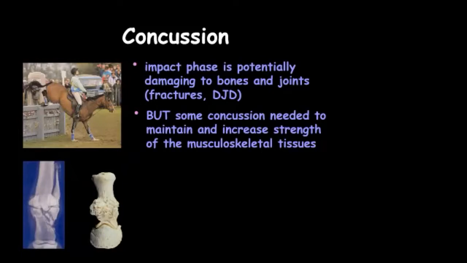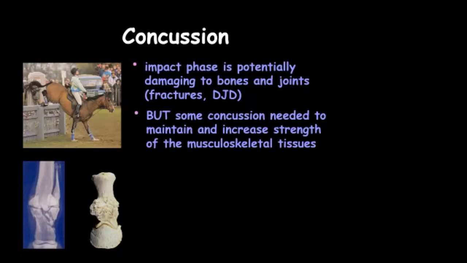So during the impact phase, we have concussion on the limbs, and that concussion, because of the magnitude and the rapid vibration frequency in particular, is potentially damaging to the bones and the joints, and especially to the joints in the distal part of the limb.